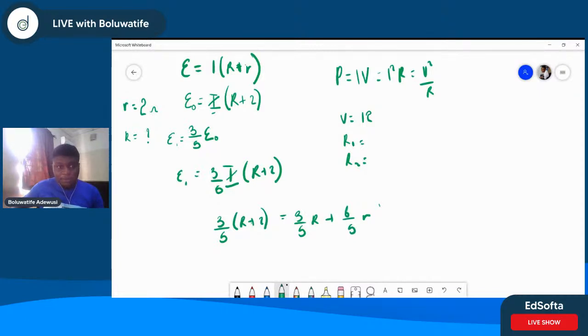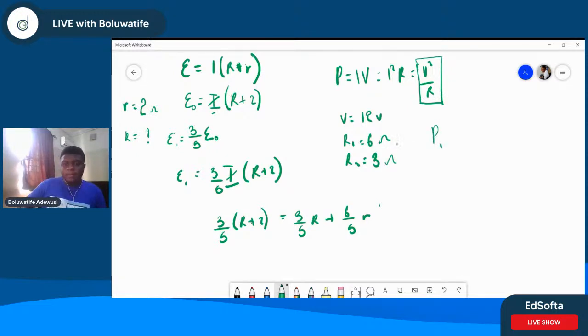R1 is 6, and R2 is 3. So this is volts, this is ohms, this is ohms also. We're going to use this formula because we have the voltage and we have the resistance. So just quickly plug in the formula.